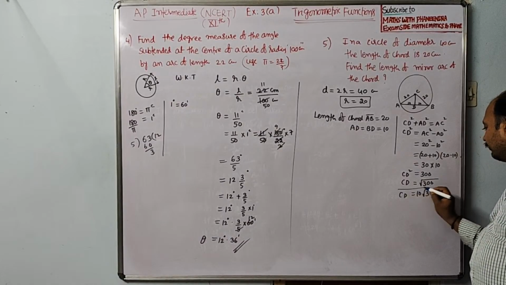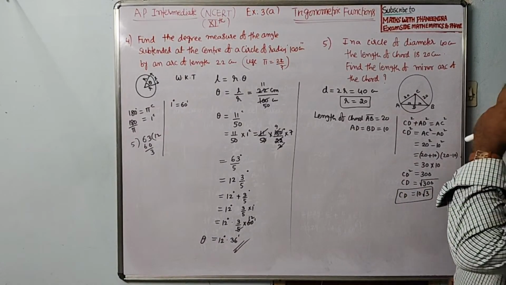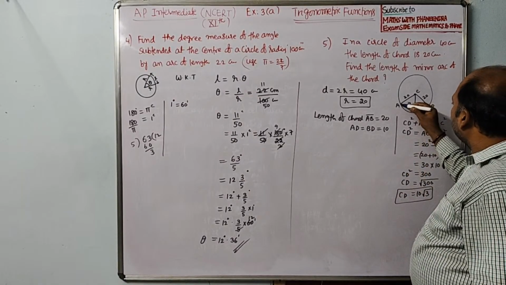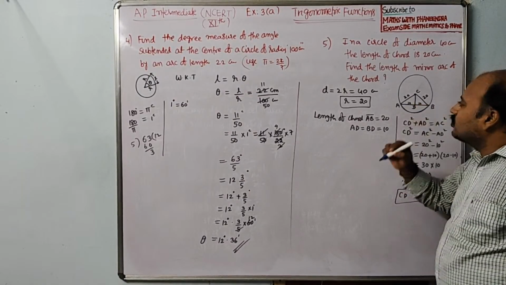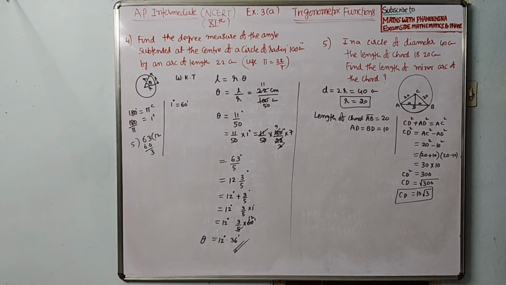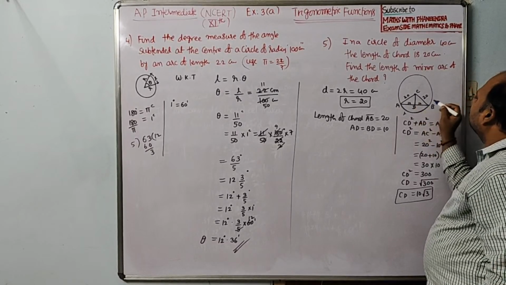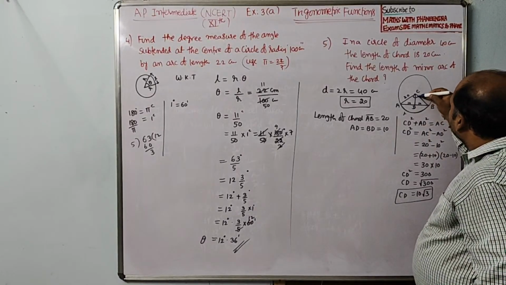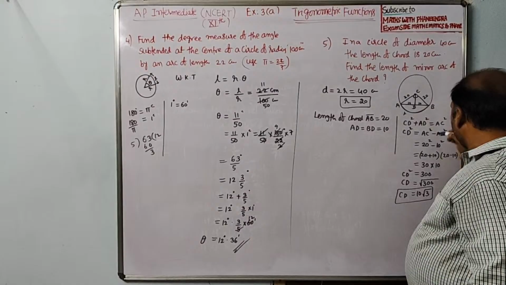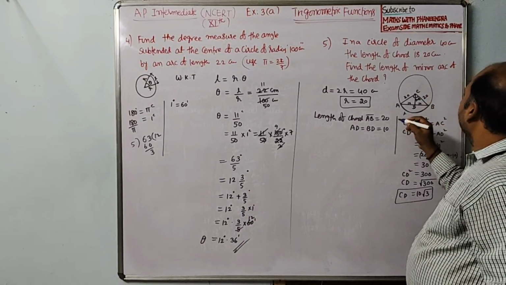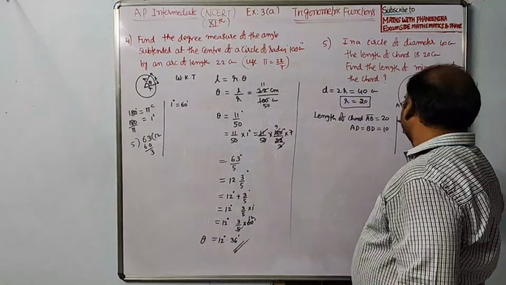This is CD value. So they are asking to find length of minor arc. So how can we find length of minor arc? Anyone got idea? This is the length of arc L. So this CD value we got is 10 root 3. See here, anyway, this is 90.